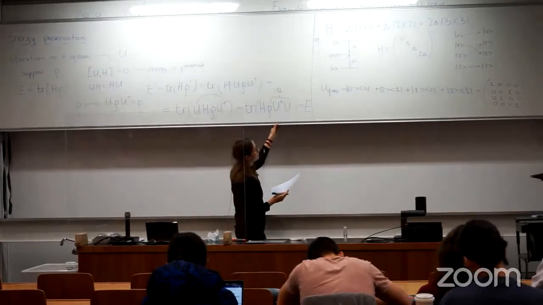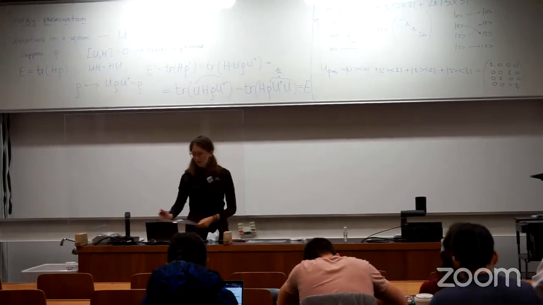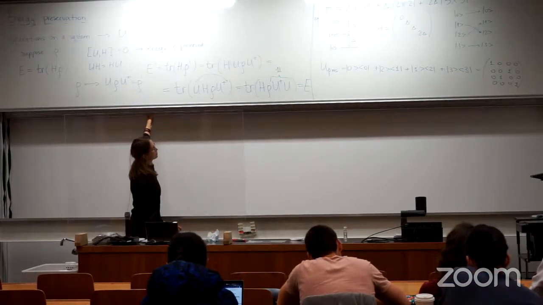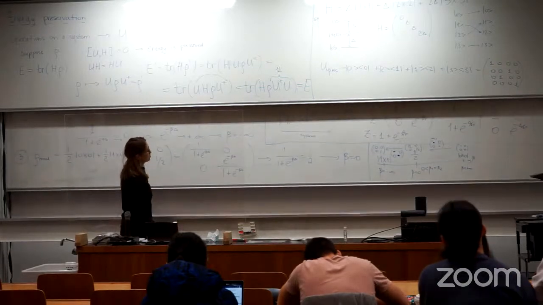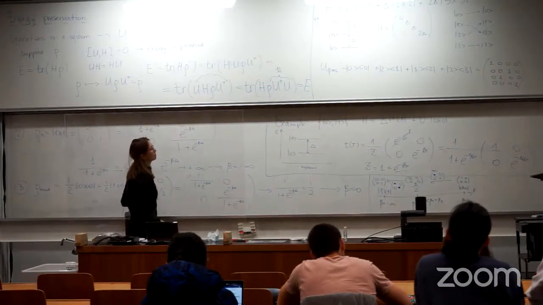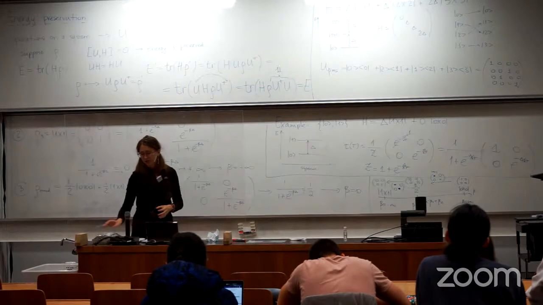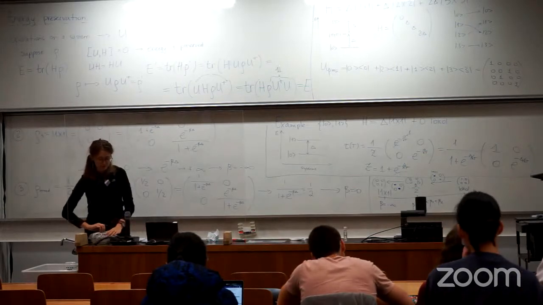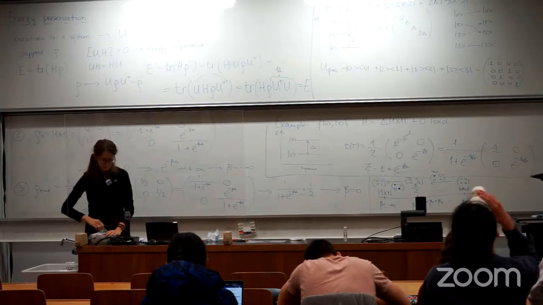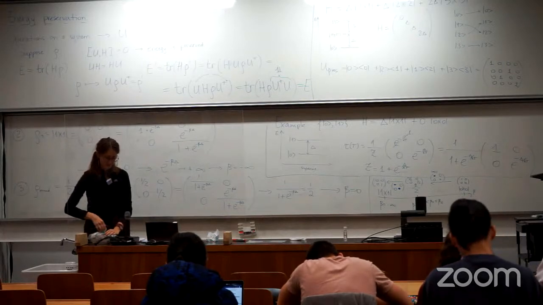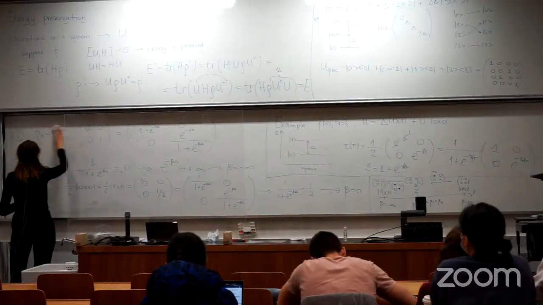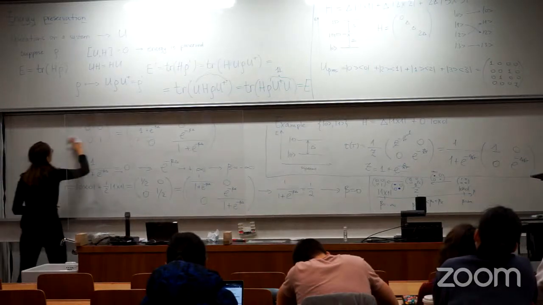Now let's take the same Hamiltonian and see what would be an example of an energy non-preserving transformation. While I'm wiping the board, you can already come up with 1 or 2 or several.